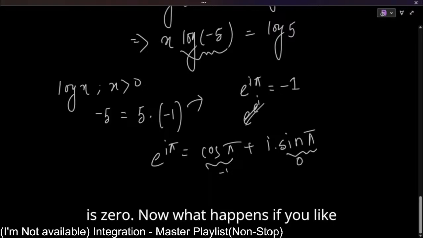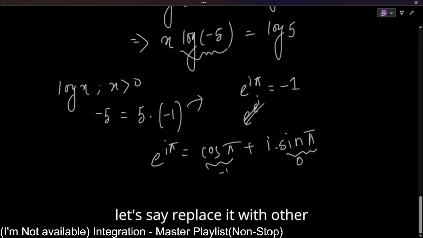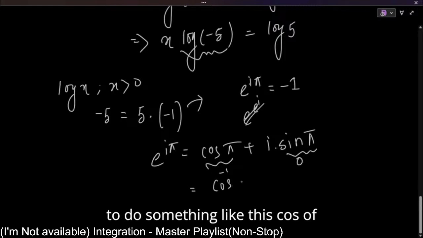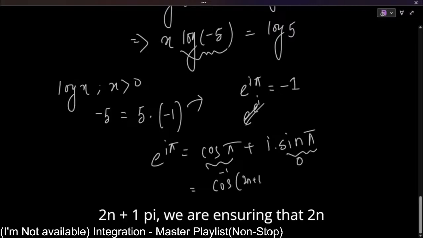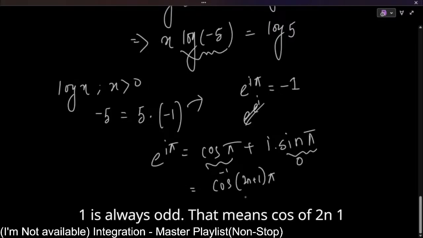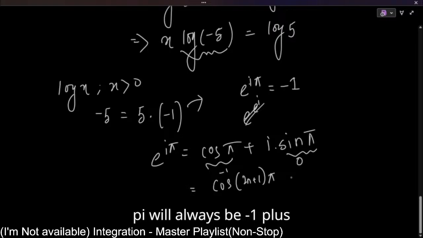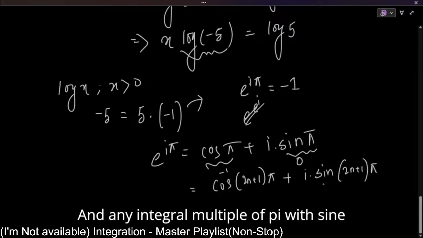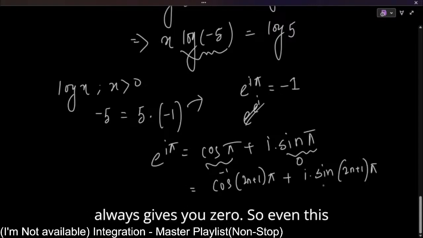Now, what happens if we replace it with other variables? Let's say we do something like this: cos of (2n plus 1) pi, where we are ensuring that 2n plus 1 is always odd. That means cos of (2n plus 1) pi will always be -1 plus i into sine of (2n plus 1) pi. And any integral multiple of pi with sine always gives you 0.